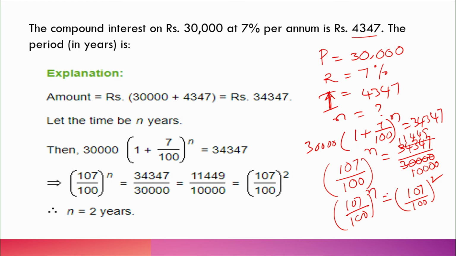Here most of you have a doubt: sir, we feel difficulty calculating square roots, because how are we going to identify that 11,449 is a perfect square?